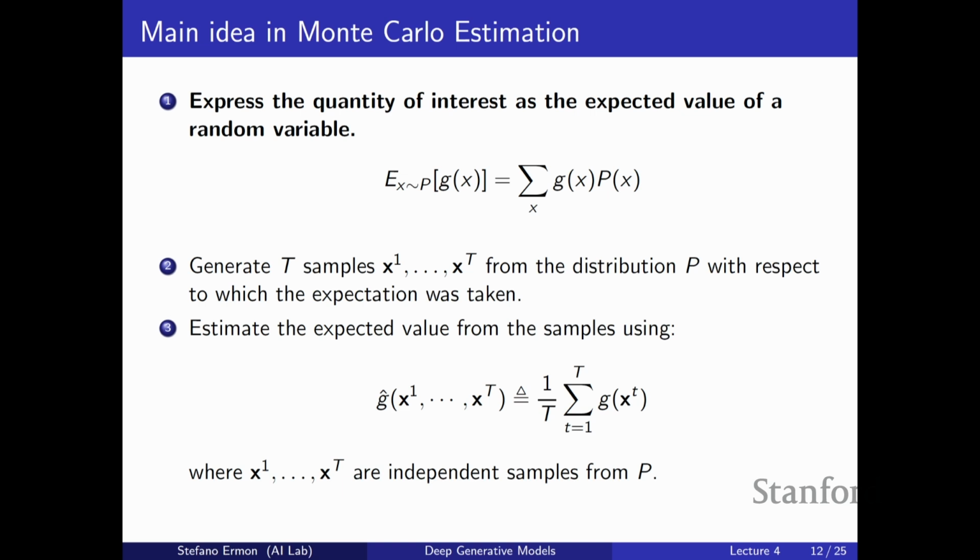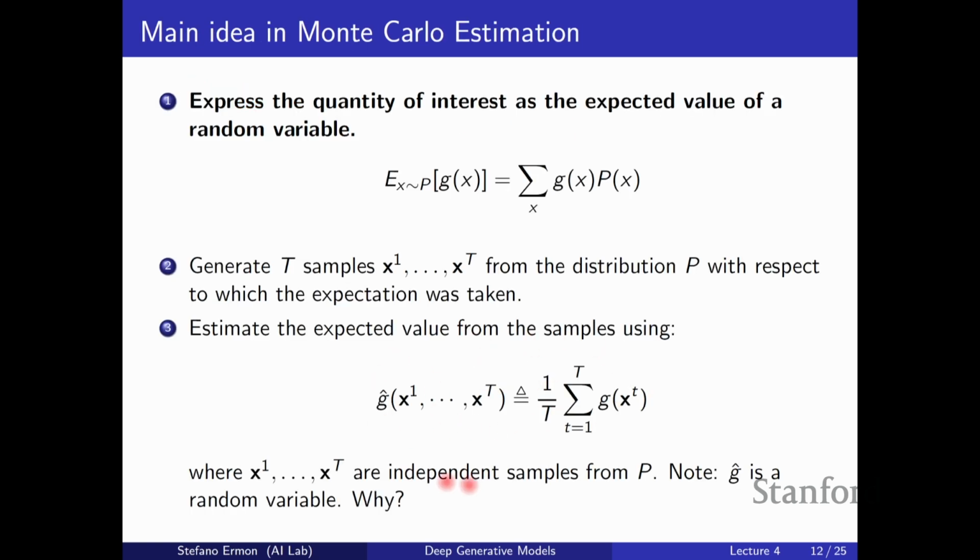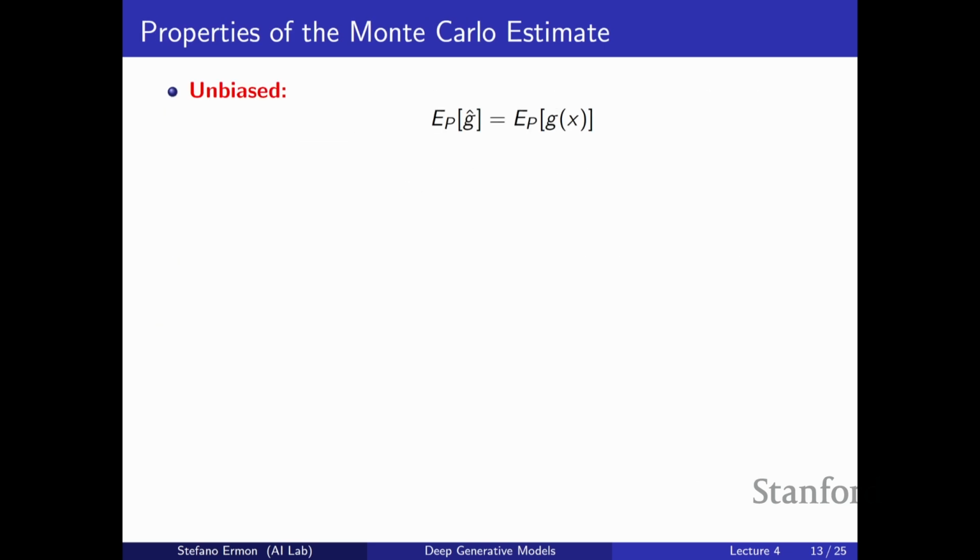This g hat is a random variable because it depends on these samples x1 through xt, but it has good properties in the sense that in expectation, it gives you back what you wanted: the true expectation of the function, the thing you wanted to compute.